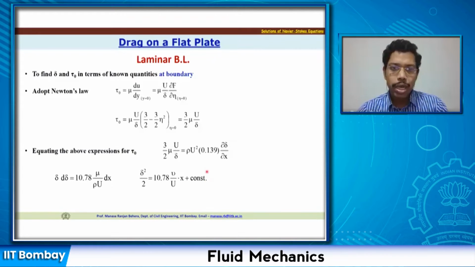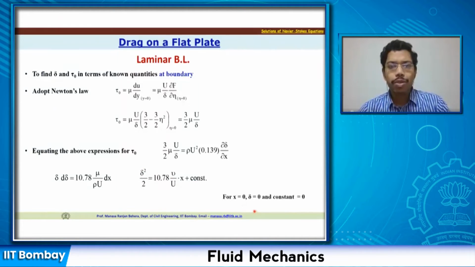Okay, so here the moment we have a constant, it is time to apply the boundary condition. What is the boundary condition? We already know that delta is going to be 0 for x equals 0. All right, so if we apply that boundary condition, we can straight away get the constant equal to 0.